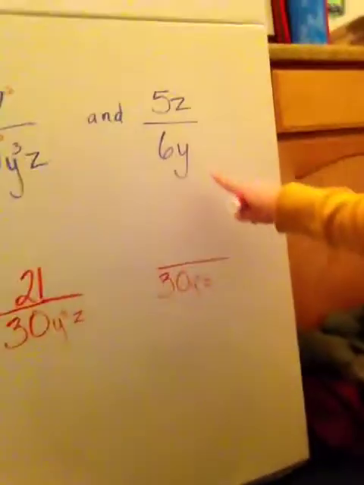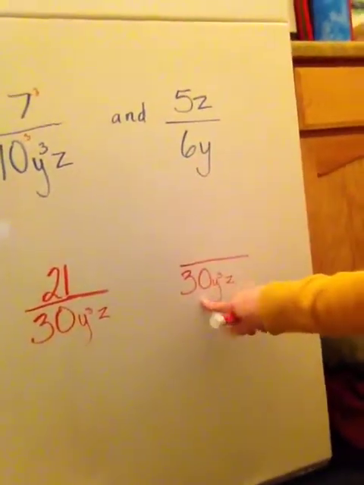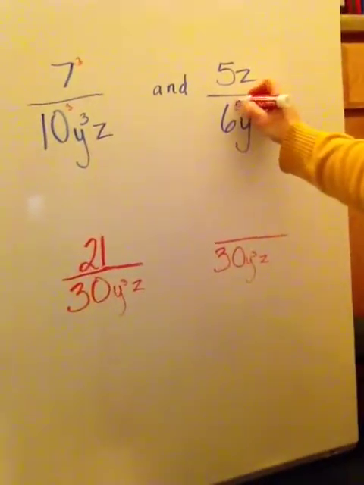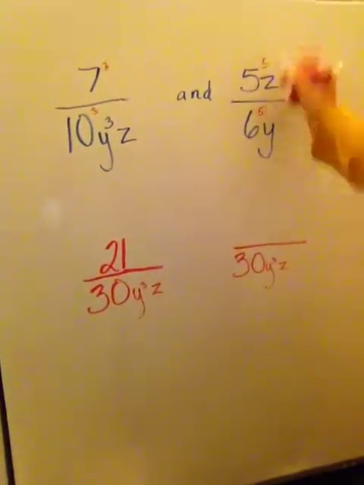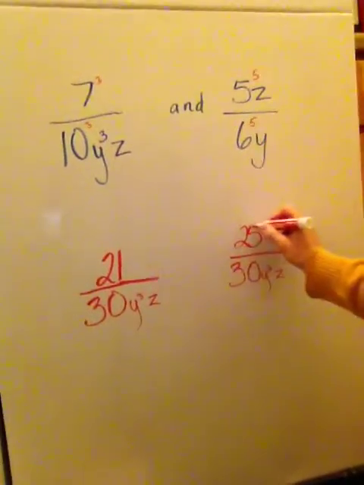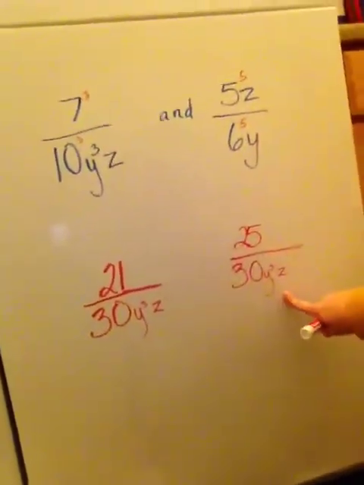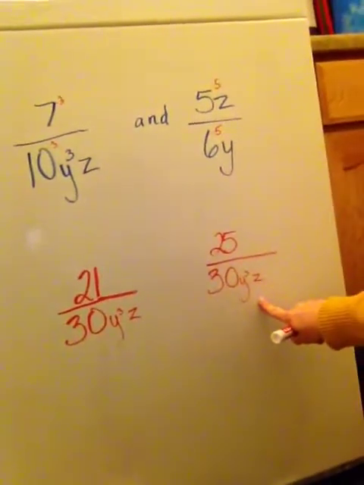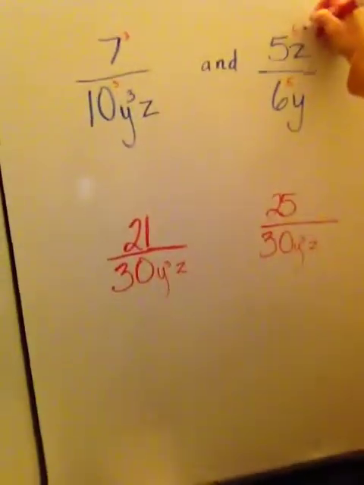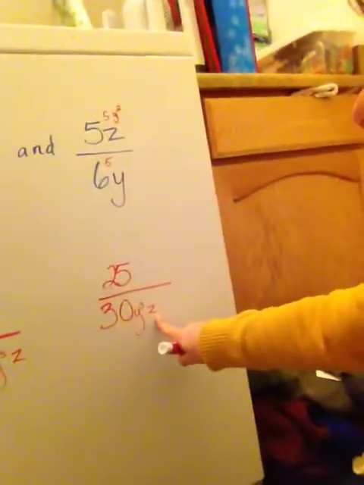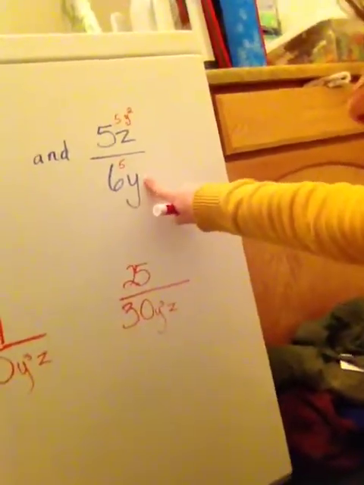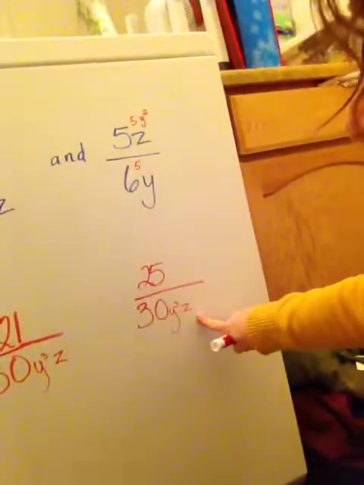So let's go over to this one. What did I multiply the 6 by to make 30? 5. So I've got to times the top by 5. What did I multiply the y by to make y to the third? Y squared, right? So I've got to times the top by y squared. What did I multiply the bottom by to make a z in the bottom?